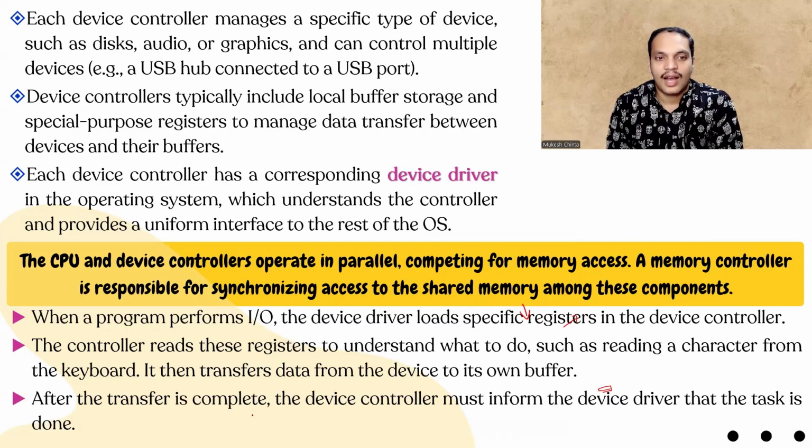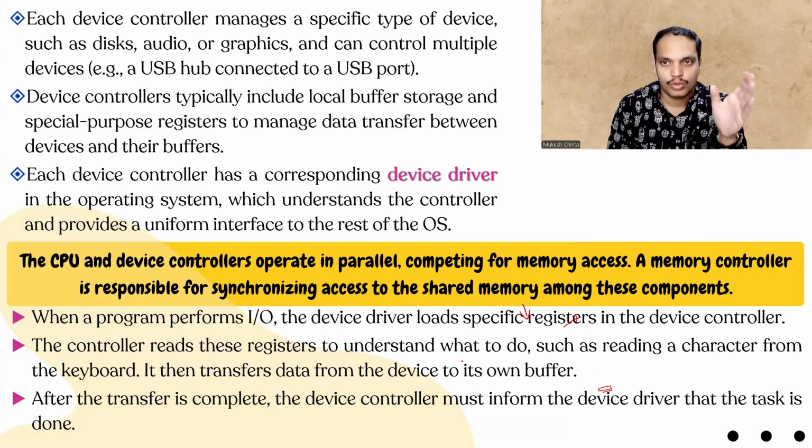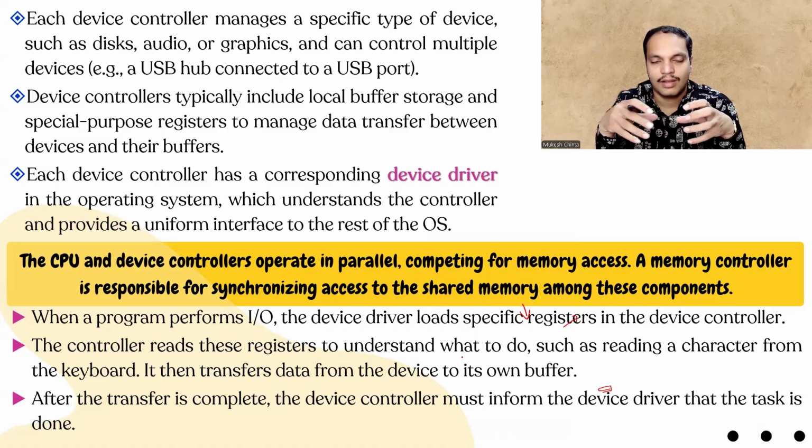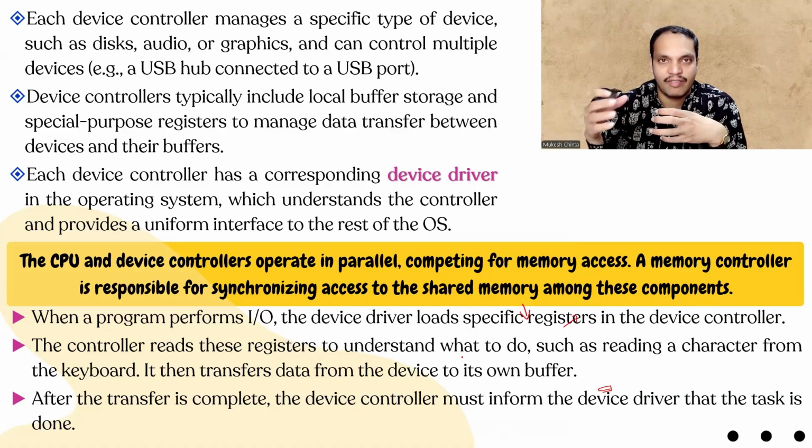After the transfer is complete, the device controller must inform the device driver that the task is done. So usually the controller sits in between the device, and it is responsible for transfer of information between the memory and the device itself, isn't it?